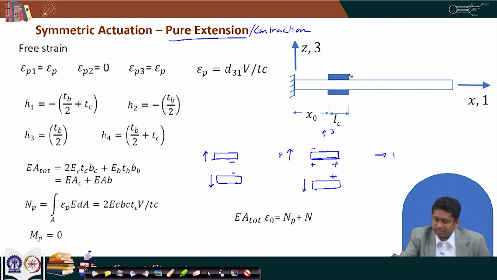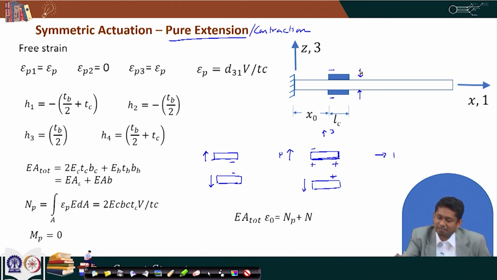Now, when these two piezoelectric patches are placed at the two sides, suppose it is polarized in this direction, and it is polarized in this direction, and that is how they are placed. Then if I put a positive voltage here, that means it is a positive symmetric actuation. I mean the actuation is such that it causes a pure axial displacement, pure axial effect. If our applied voltage is negative, then also it is going to cause a pure axial effect.